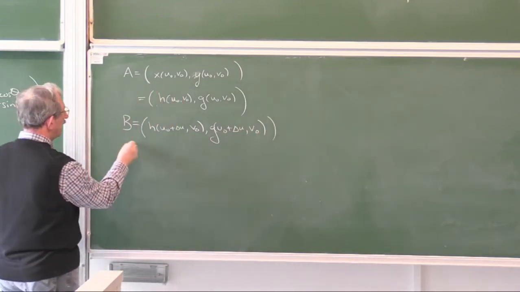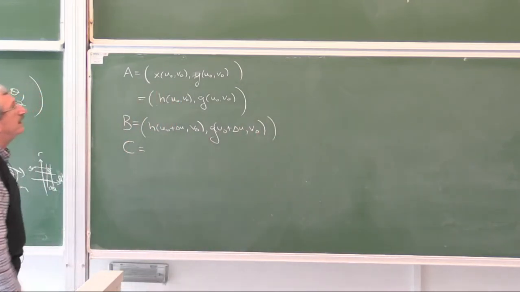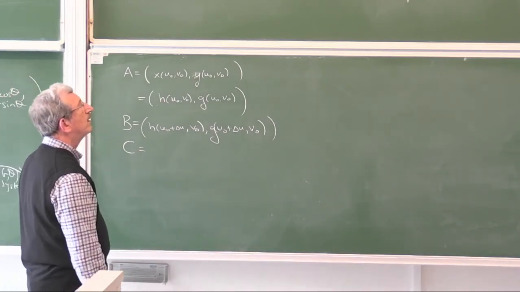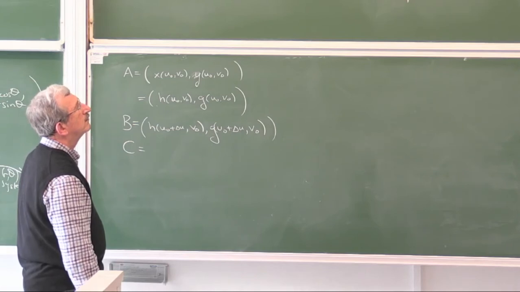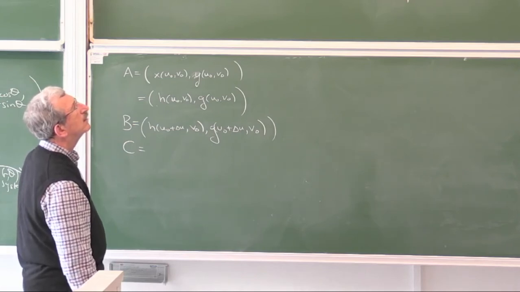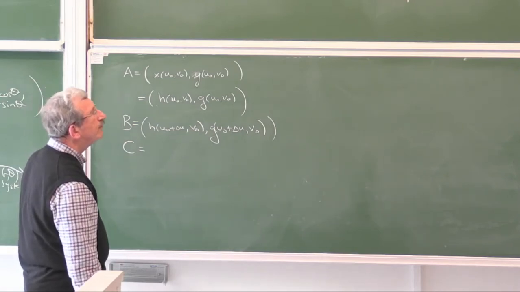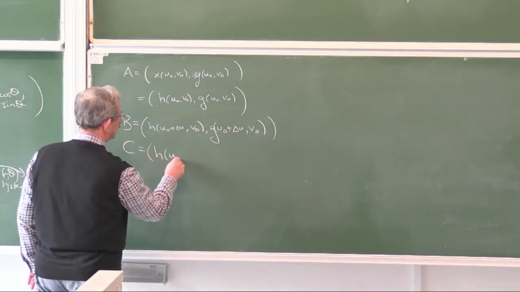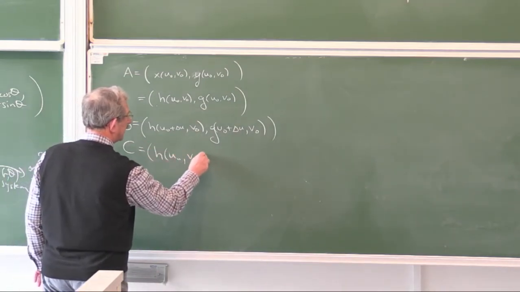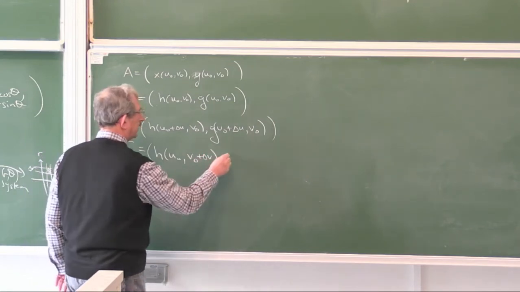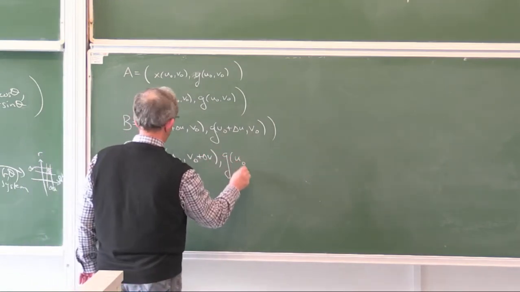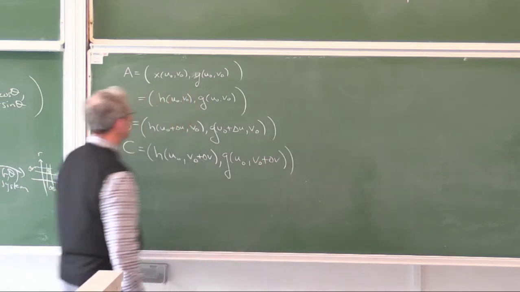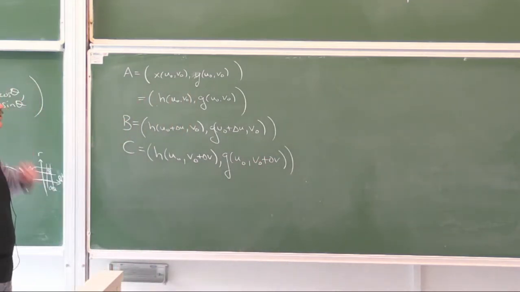And finally, the point C in question is the intersection of U is U0 and V is V0 plus delta V. So it is H of U0, V0 plus delta V, and G of U0, V0 plus delta V. So these are the three points in question.